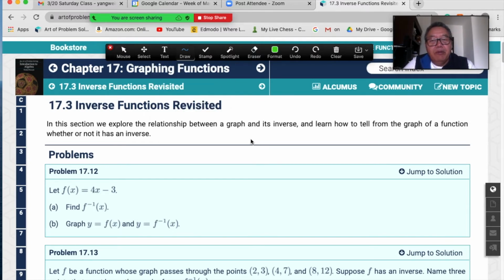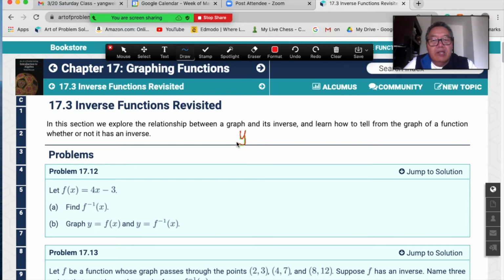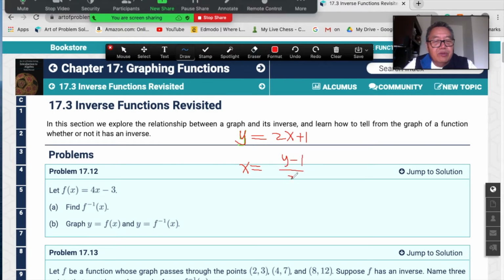Remember, if we have a function y equals 2x plus 1, then the reverse of this function, you just solve x in terms of y, then you get x equals (y minus 1) divided by 2.